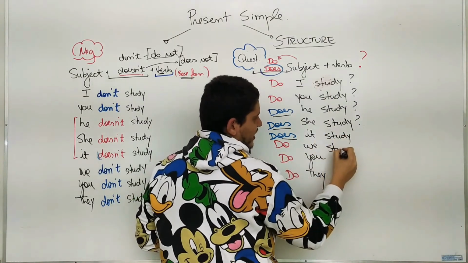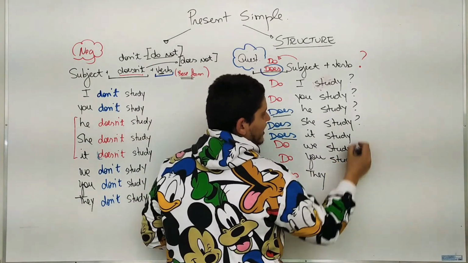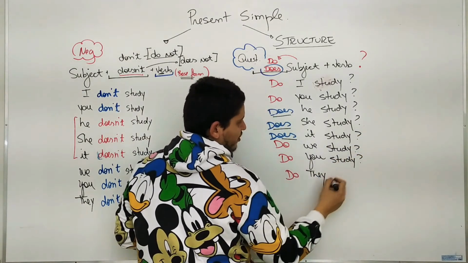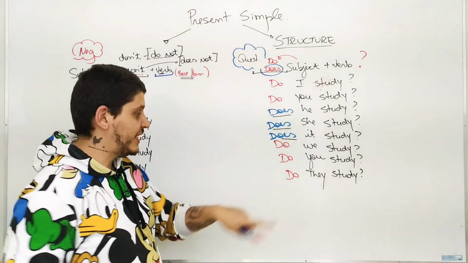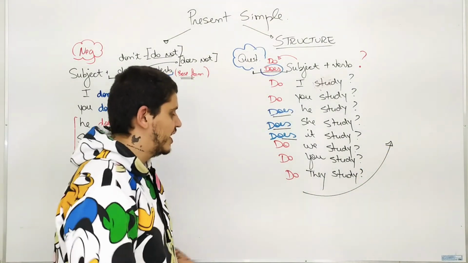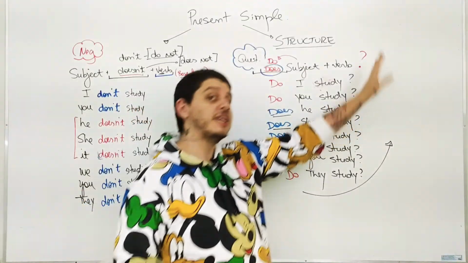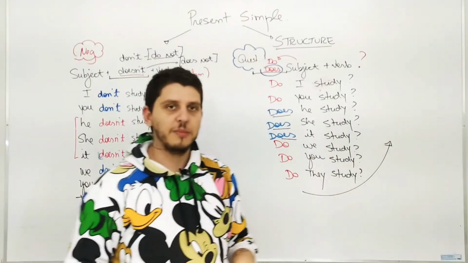Do we study? Do you study? Do they study? Of course, the intonation here goes up because it's a question. So we say, do they study? Does he study? The intonation goes up, okay?